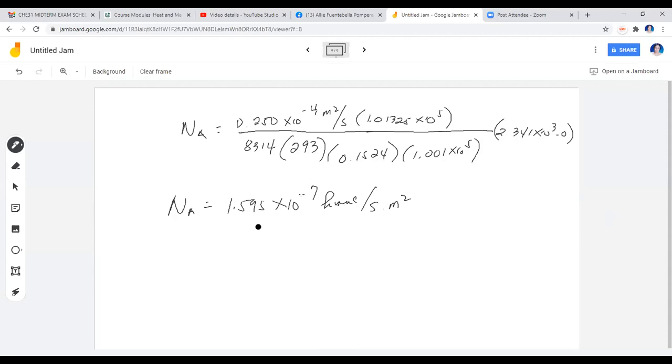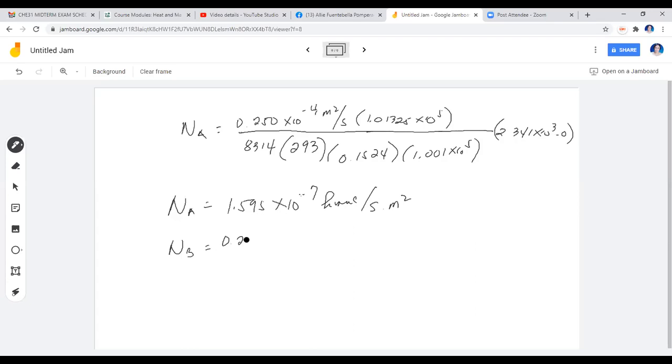Now, if you want to change this to pound mole, there is a direct conversion. If you find it in John Couples, there's a direct conversion for that. The DAB can be converted to feet squared per hour using the conversion of 3.875. So it's just a matter of converting.